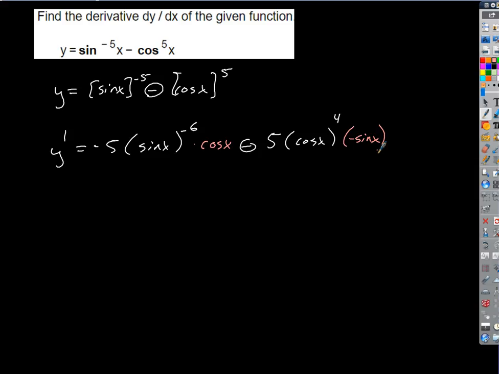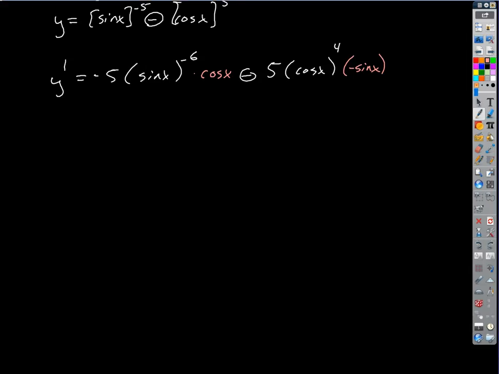So then all we've got to do is clean this up, right? We've got negative 5 cosine x over sine to the 6th of x. You want to do it that way? Because that's the same thing as saying something to the negative 6 moves it to the bottom and makes it to the positive 6.